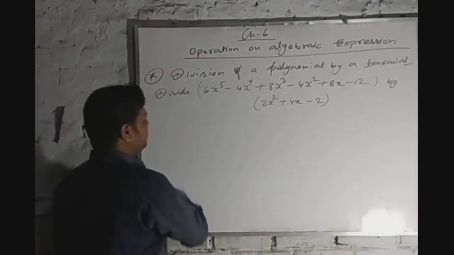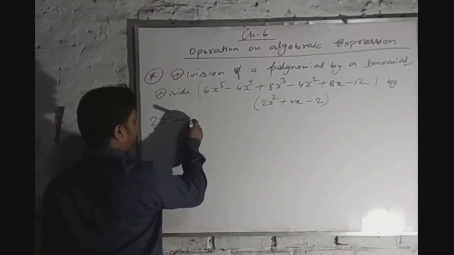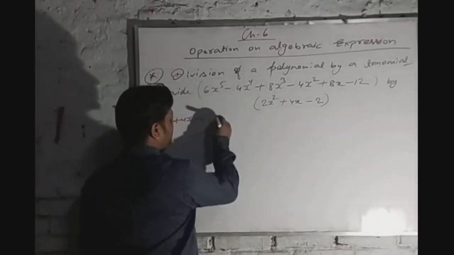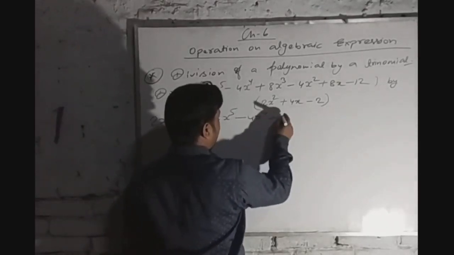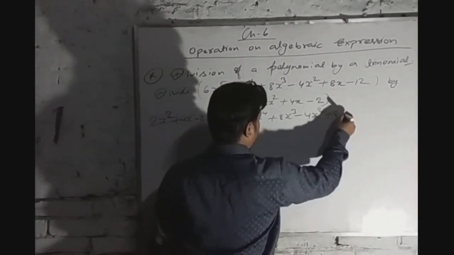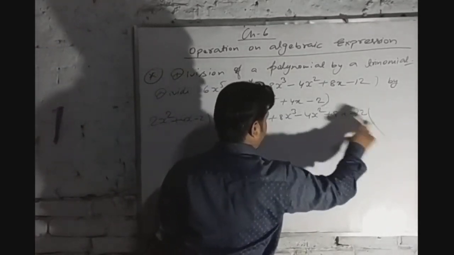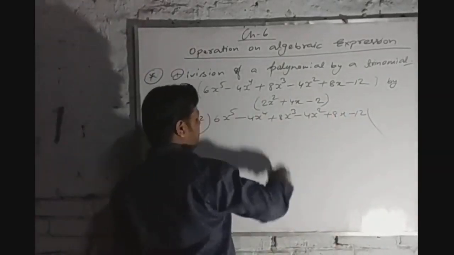Okay, so let's see. Now I am solving. 2x square plus 4x minus 2, then 6x5 minus 4x to the power 4 plus 8x cube minus 4x square plus 8x minus 12. It is a very long question. Okay, now I am solving. Everyone will see.